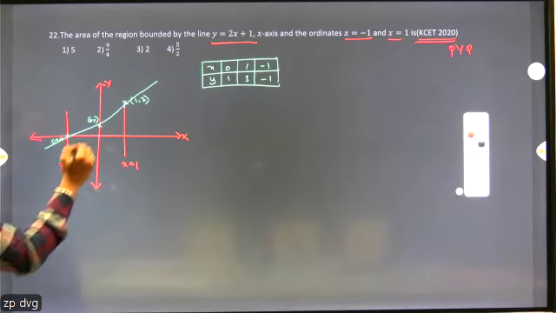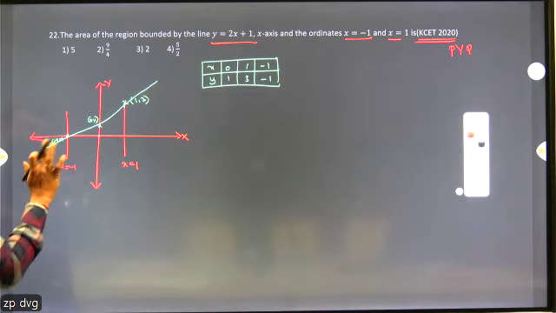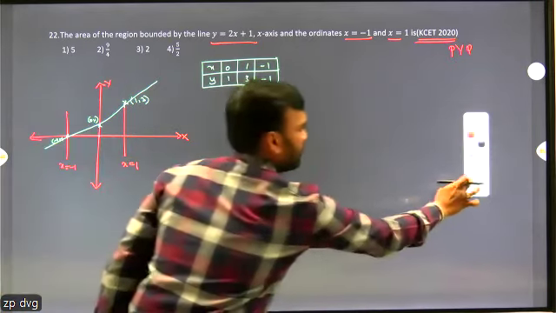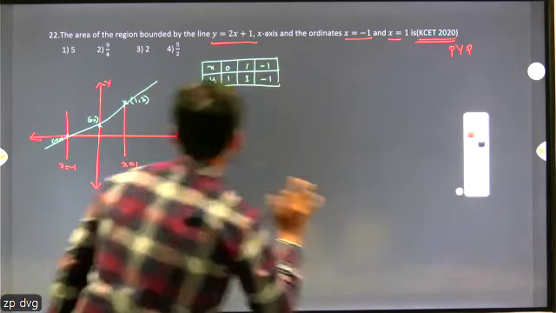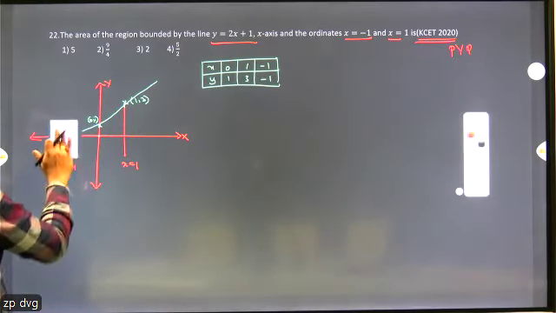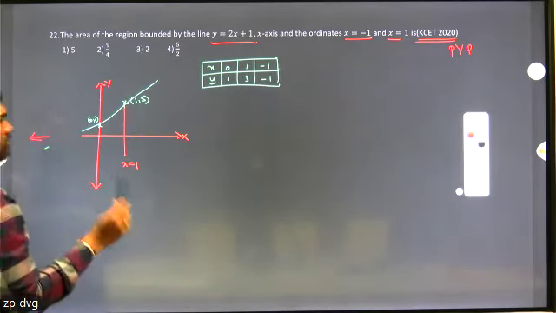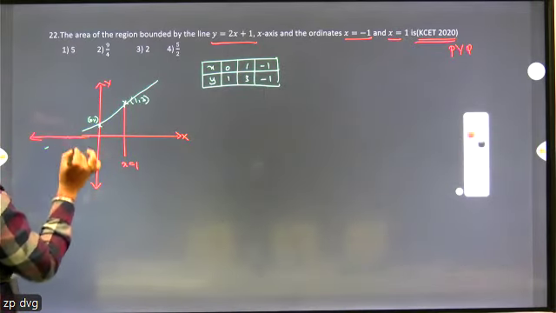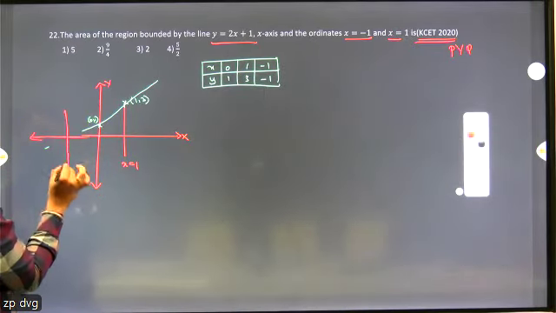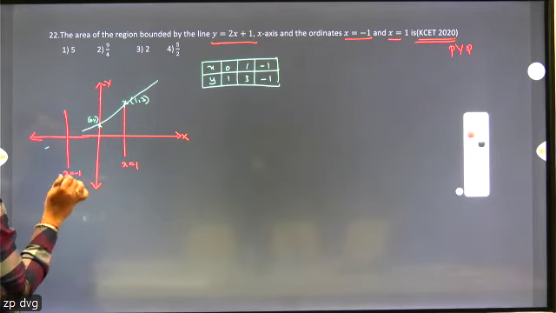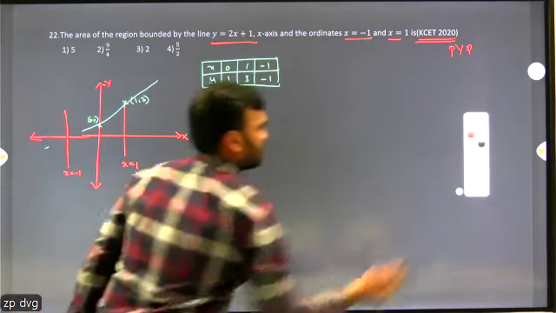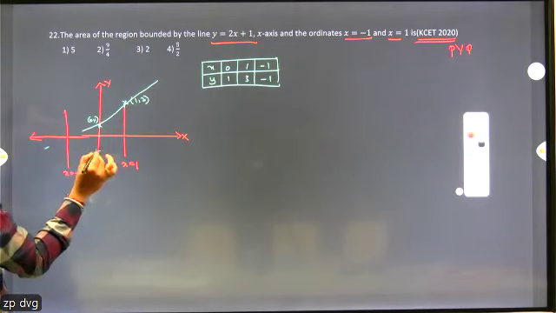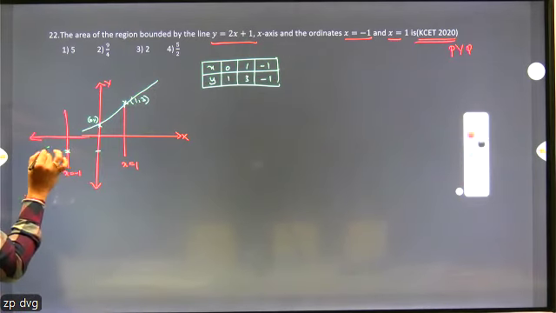Sorry. X is equal to 0, 1, -1, 1. Sorry, -1, 1 means what will come?